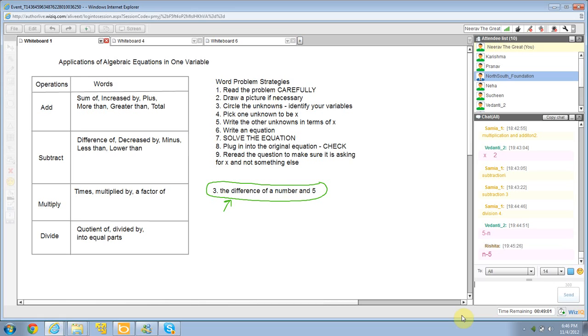So if I were to say the difference of 5 and a number, then it would be 5 minus n. But because in the verbal expression the word a number comes first, then in this expression n has to come first. So does that make sense to everyone? How we got there?